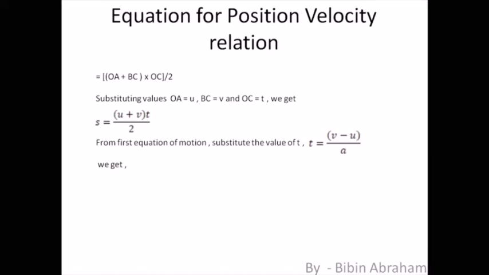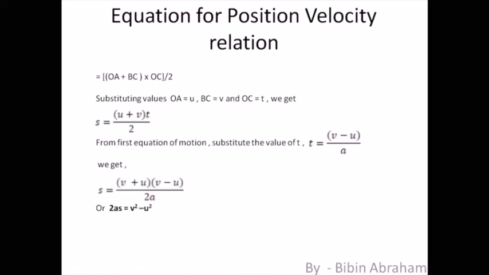So we know V is equal to U plus AT, right? So put U को आप इस तरफ लेके, V minus U is equal to AT, right? Then cross multiplication से A को नीचे भेजिए, T is equal to V minus U upon A. We will get the value of T, and all we have to do is substitute this T value in our S equals to in our above equation, right?